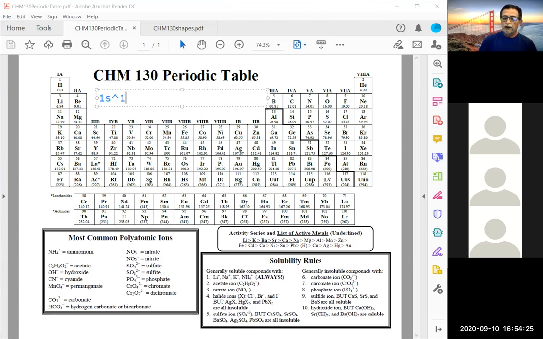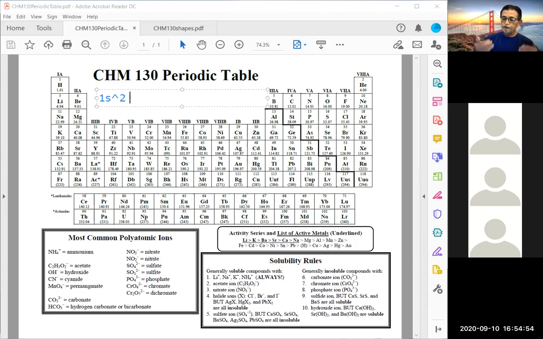Okay. Now, as I shoot across the table, we go to helium. Helium has 2 electrons, correct? To demonstrate its electron configuration, I simply change that 1 to 2. And that is the electron configuration of helium. Okay. Now, I come around to lithium. Lithium has 3 electrons.